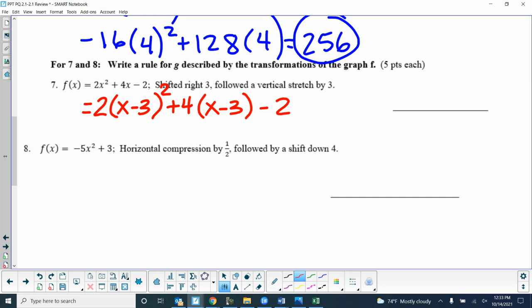Why do we have to put it in both the x's? Because there's 2 x's in there. So for every x in the original problem, you have to move the x horizontally 3 units. So x minus 3. Do you do exponents first or multiply by 2 first? Exponents first. Here's the shortcut.